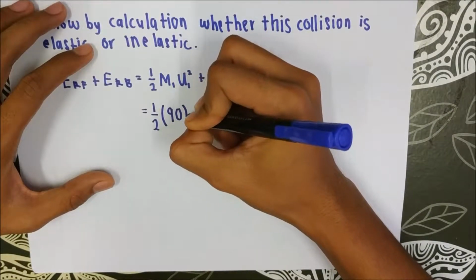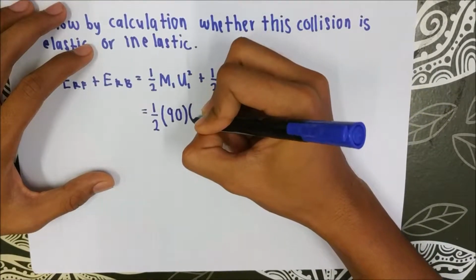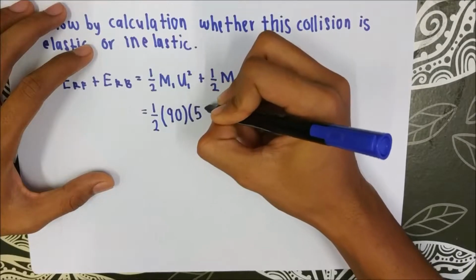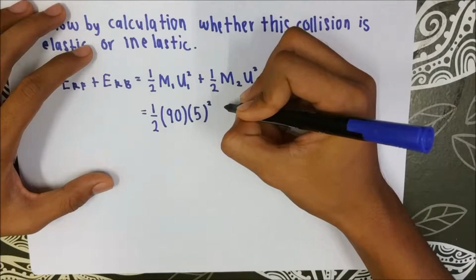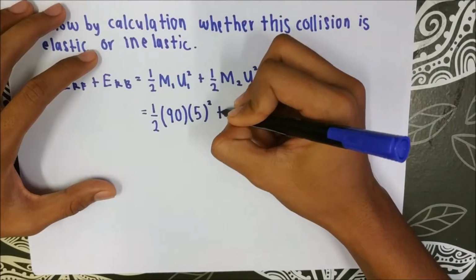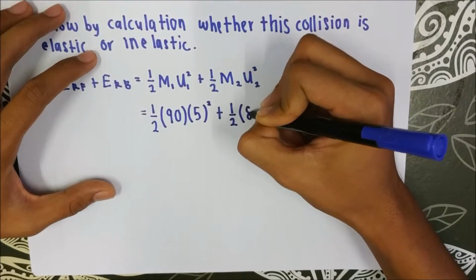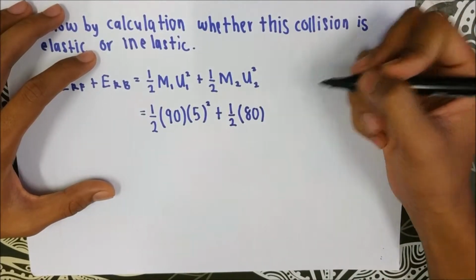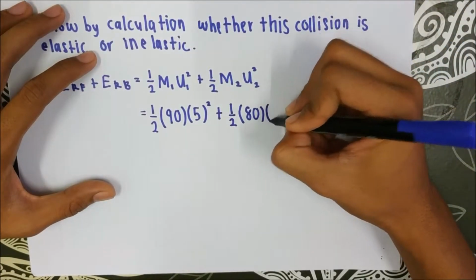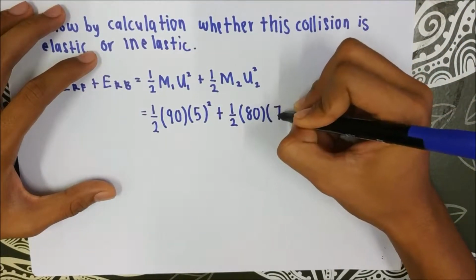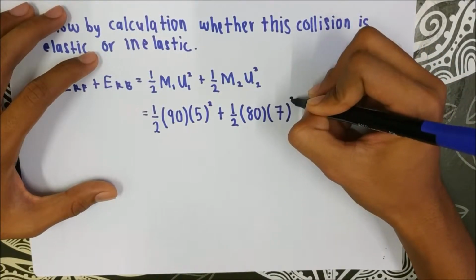M1 is 90 kg, the velocity U1 is 5 meters per second, plus 1/2 times 80 kilograms for the mass of the backline, and 7 for the velocity of the backline, squared.